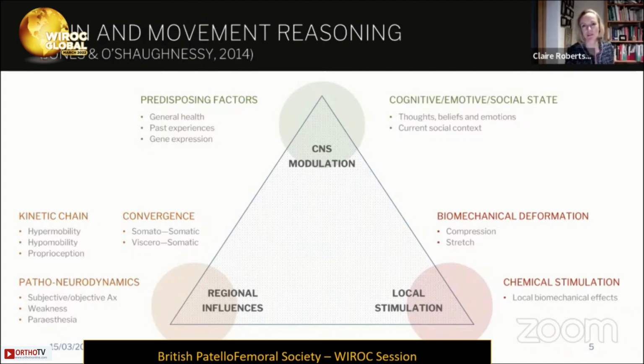And then anyone that has treated these patients will know they have often this omnipresent anxiety about dislocating. It's very difficult to live with this condition. It can be incredibly disabling. And so what is going on there? What are their fears? What are their anxieties? What are their beliefs around this?